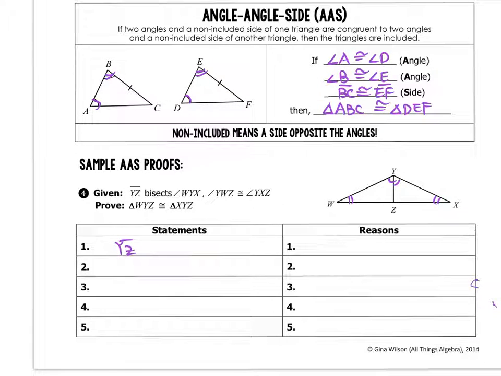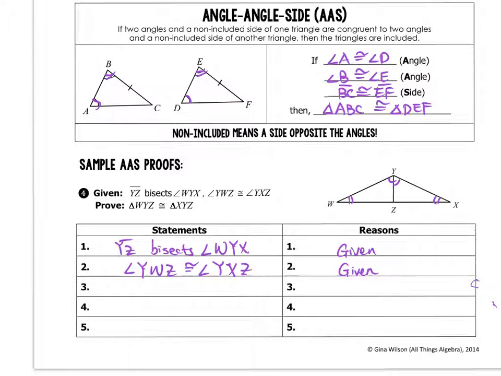So let's write down what's given first. I like to write everything down first, just so that I have everything. And then I go back to step one and start analyzing.